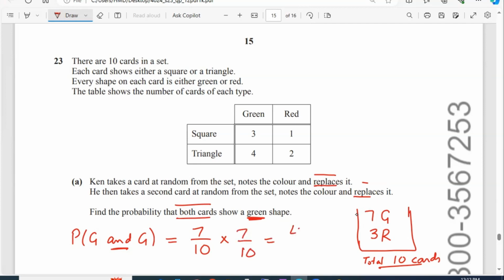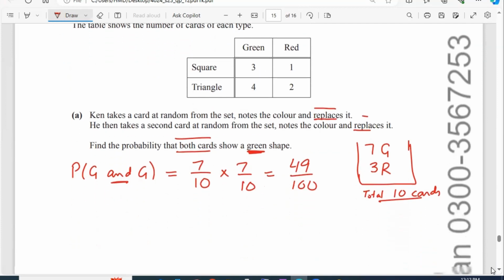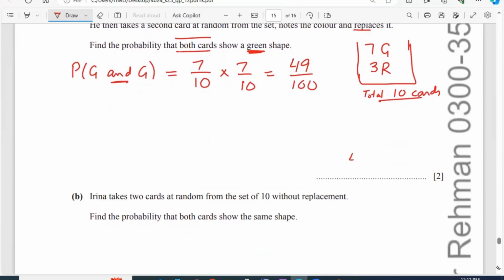We get 49 over 100, or you can write 0.49, or you can write 49%.